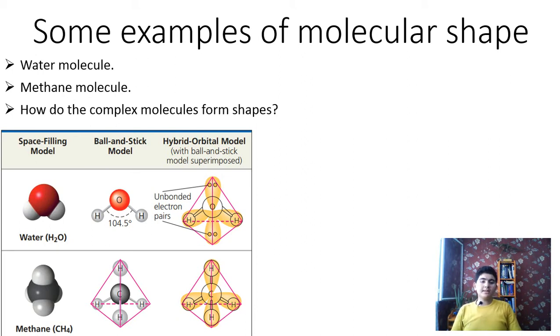The methane molecule, CH4, has the shape of a complete tetrahedron, because all four hybrid orbitals of the carbon atom are shared with hydrogen atoms.